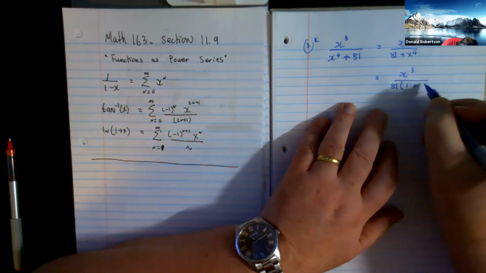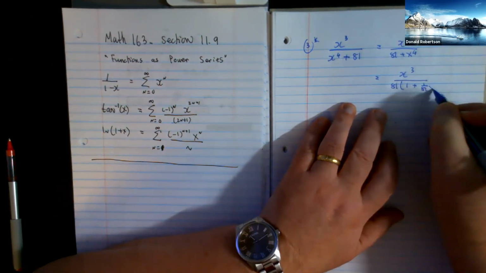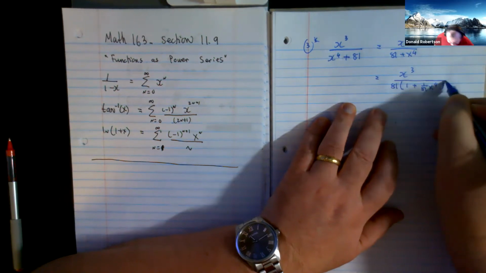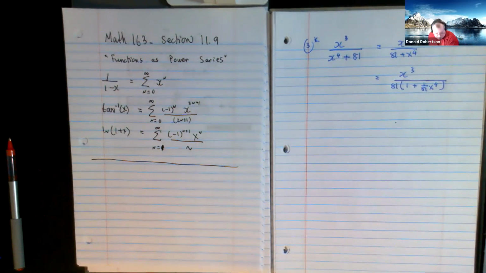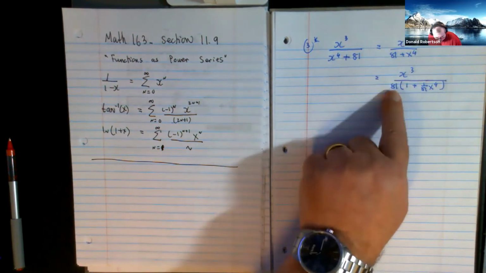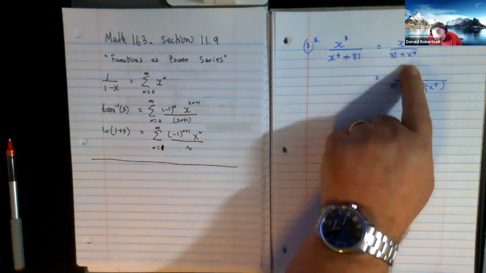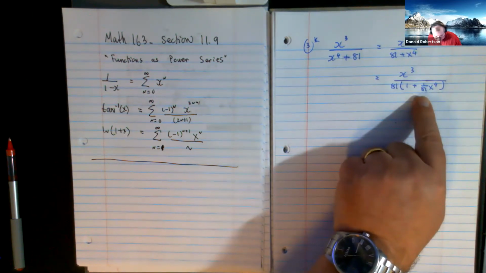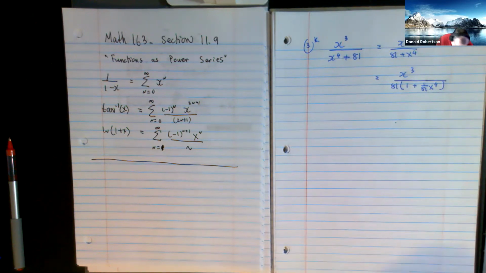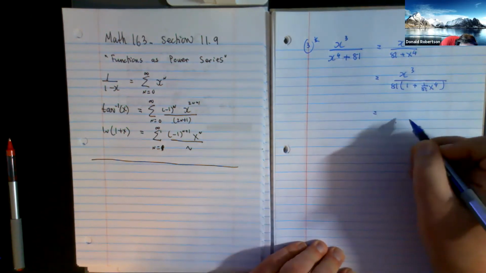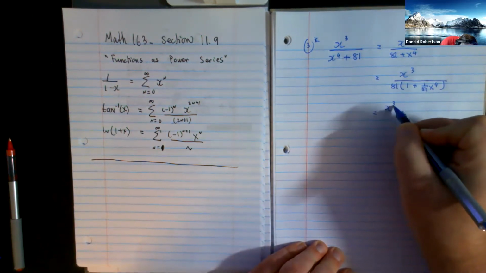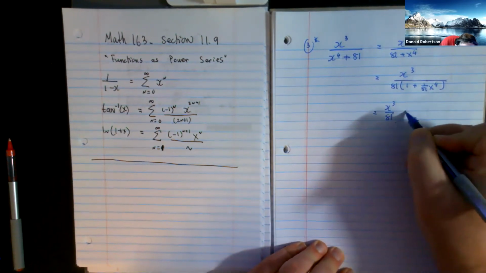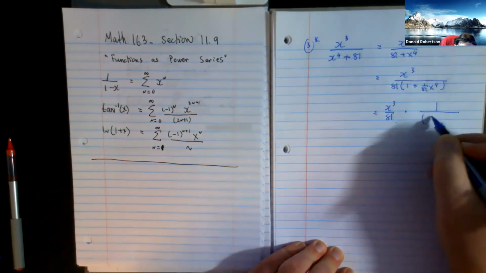And that's going to get me that guy. Right. Pull out an 81, you get a 1/81th, x to the 4. Take all these pieces and separate them from this piece.